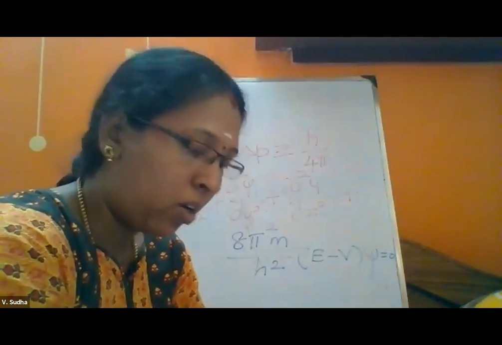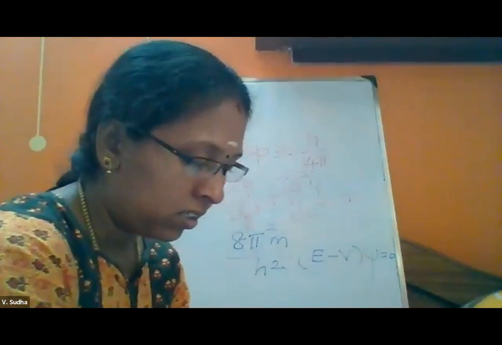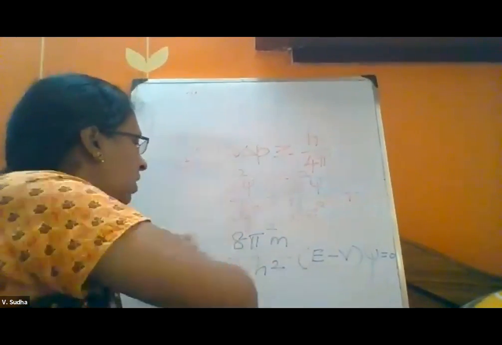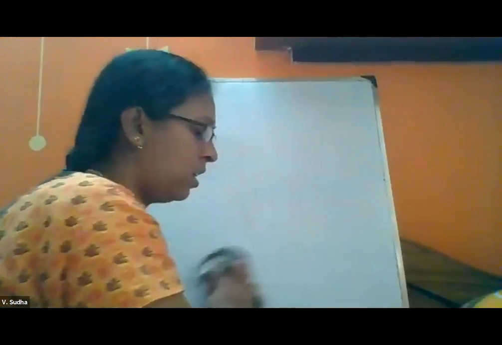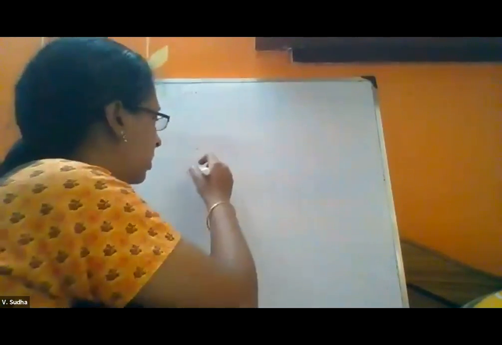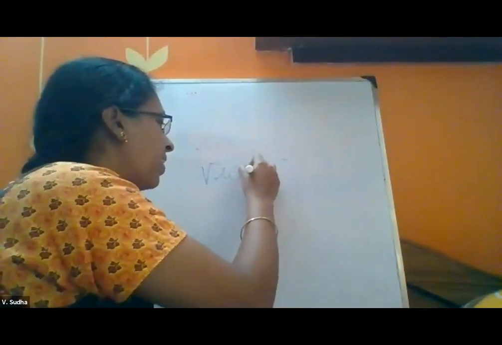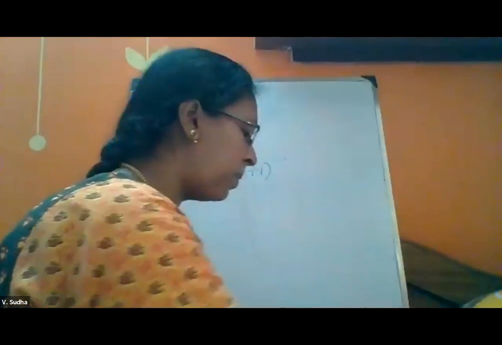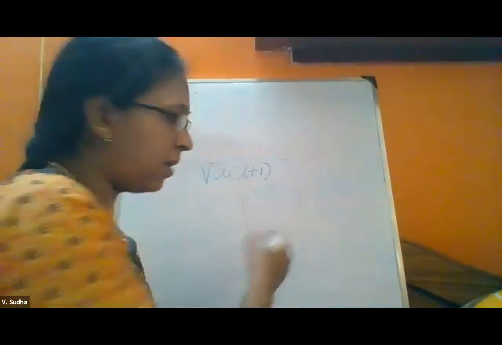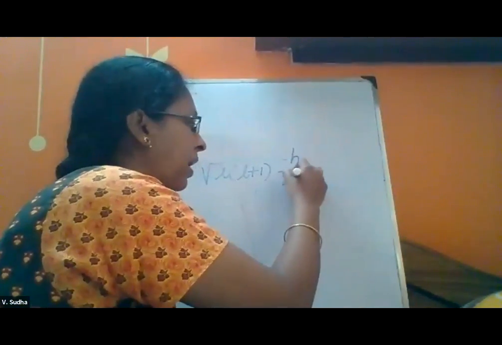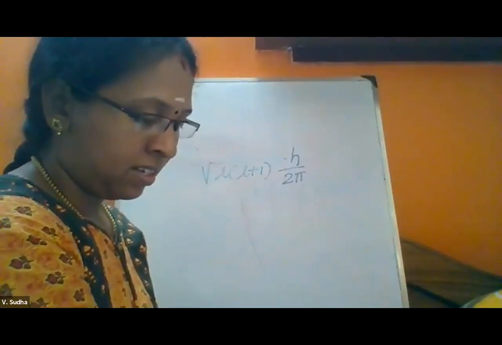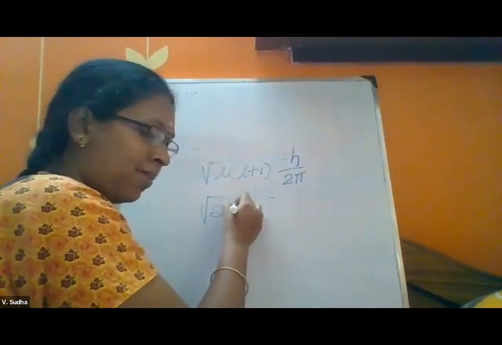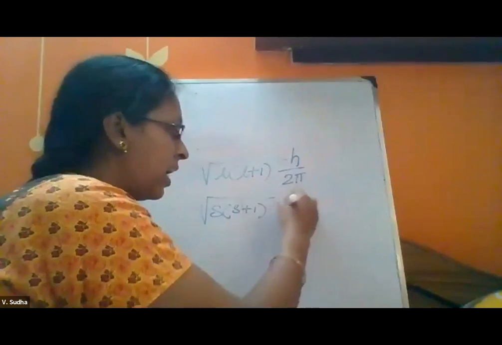Orbital angular momentum of electron is root of l into l plus 1 into h by 2 pi. Then spin angular momentum is equal to root of s into s plus 1 into h by 2 pi.